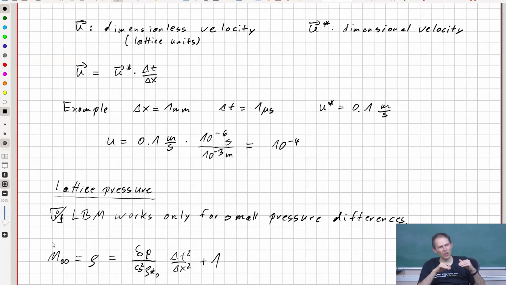Therefore, this is a non-normalized distribution function, and this is also the reason why when we factorize the equilibrium function as we did yesterday, we always have to divide by rho, because usually this factorization of the moments would hold without this additional normalization, because the distribution function usually would already be normalized.